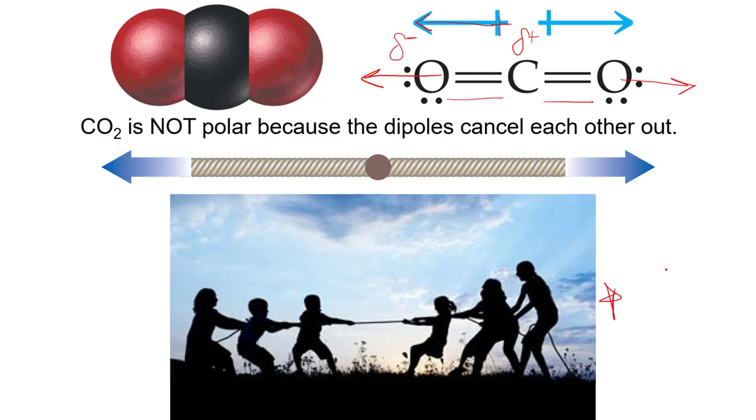Oxygen is electronegative, but there's no difference in electronegativity between the two oxygens. And so it's like having carbon stuck in the middle and having both of its arms ripped out by the two oxygens. They're both pulling equally and oppositely. So this would be the tug of war game that would last forever. Or another way of saying it, this molecule is not polar. It has polar bonds, but it is not polar itself.